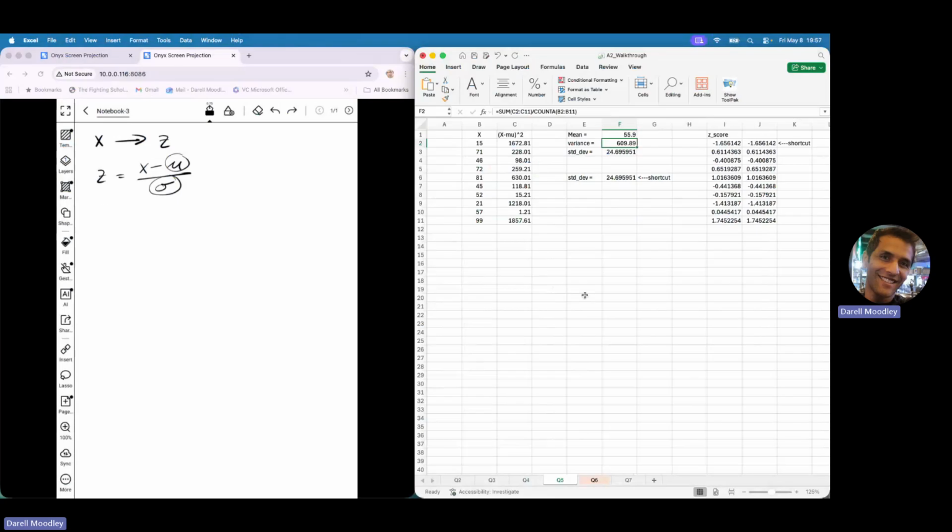Mu is just the average of all your data points. And sigma is the standard deviation, specifically the population standard deviation.